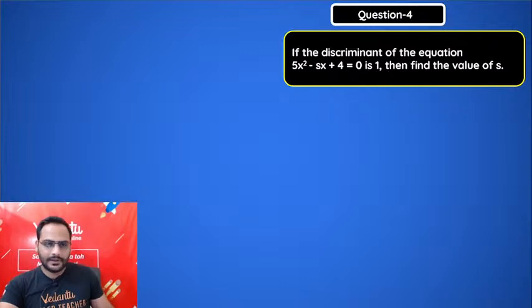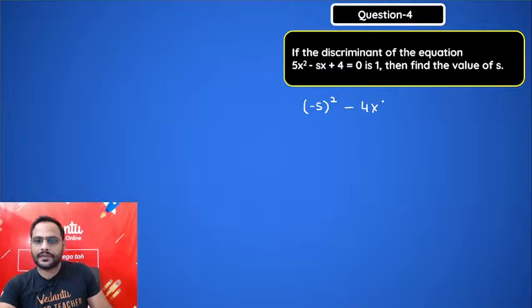Okay, next question. If the discriminant of the equation is equal to 1, find the value of s. So we have to make the discriminant 1. So minus b square is minus s square minus 4 into 5 into 4. Make it equal to 1, since the discriminant of the equation is 1.